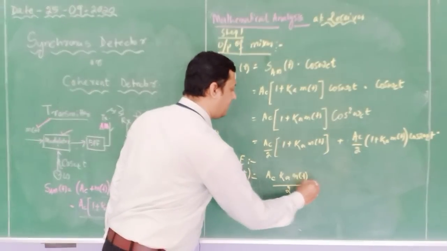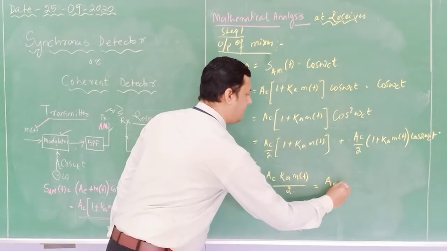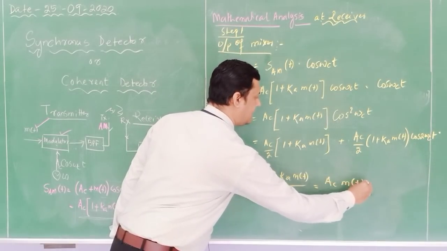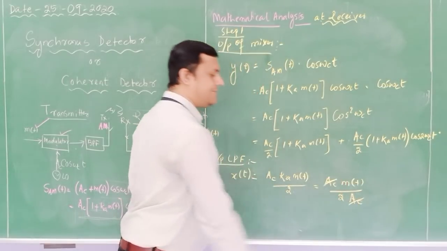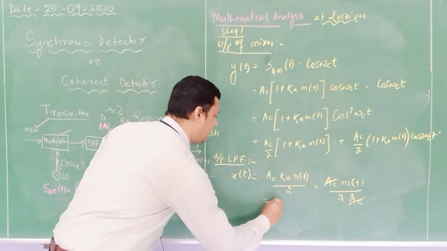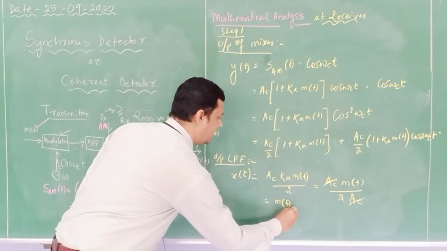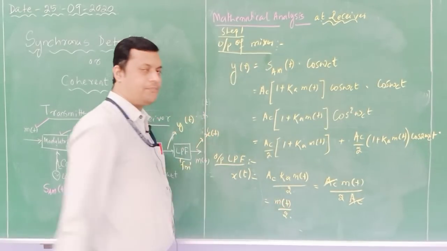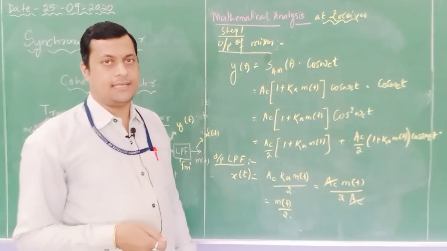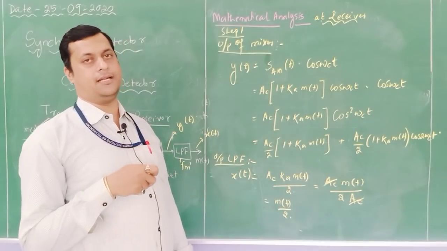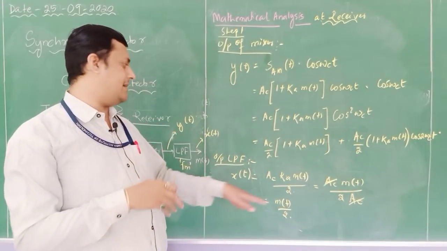Now in place of Ka, if I substitute 1 by Ac, 2 into 1 by Ac, so Ac will be cancelled out and we will get m(t) divided by 2. That means the modulating signal we are recovering, same frequency is available but amplitude is reduced by half.